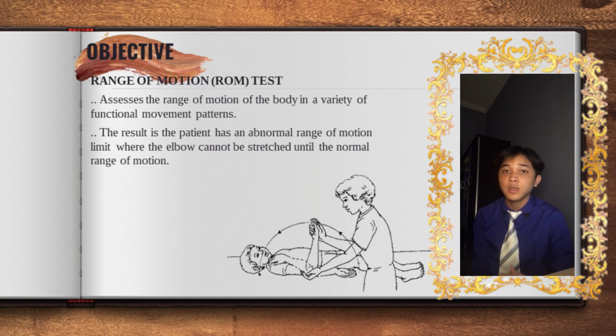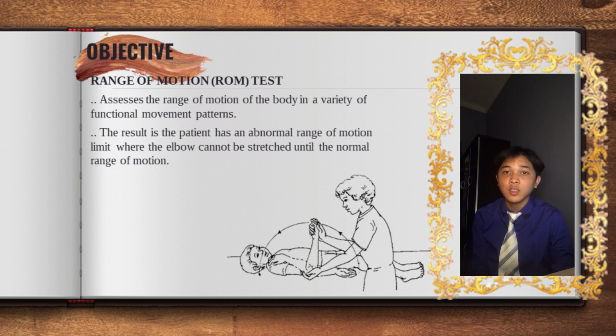Firstly, the patient performs an active range of motion to identify the extent of flexion and extension of the elbow. The term painful refers to pain that develops during range of motion but disappears when the limb goes past this point in either direction.